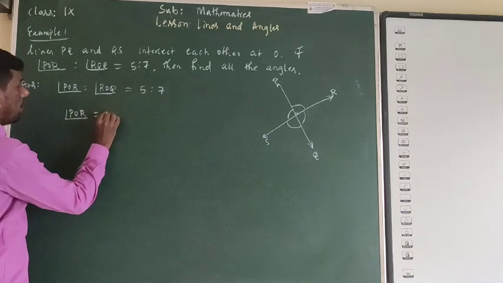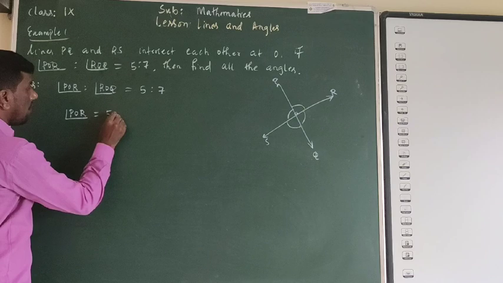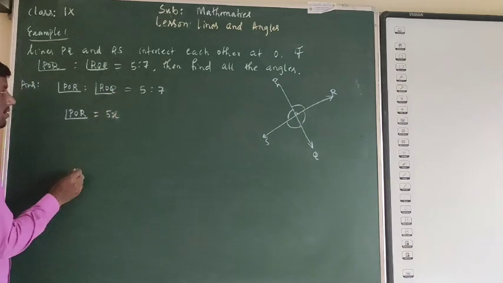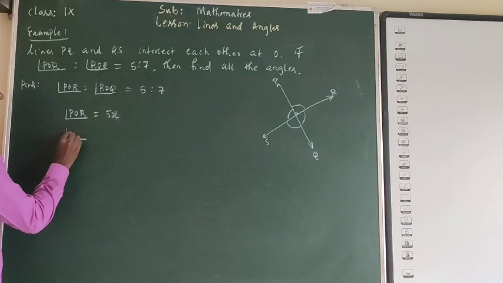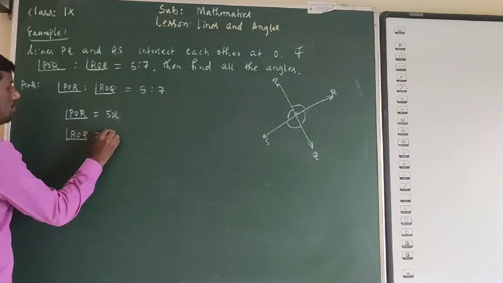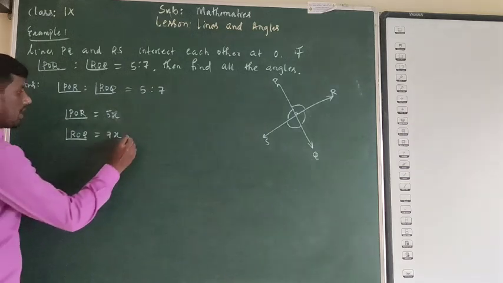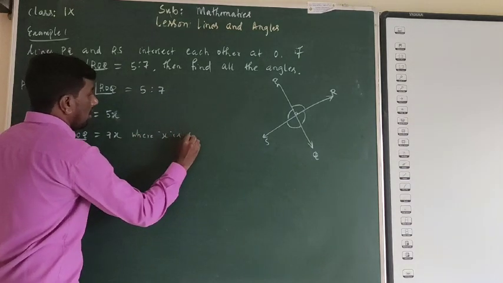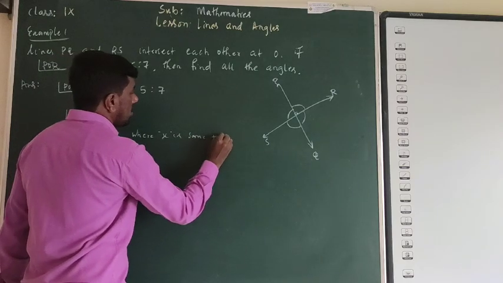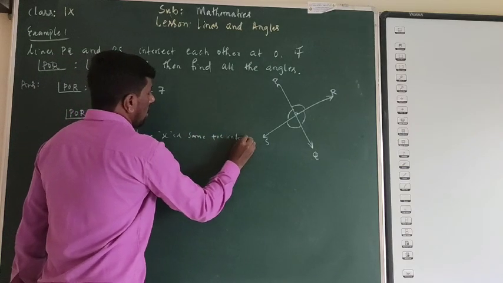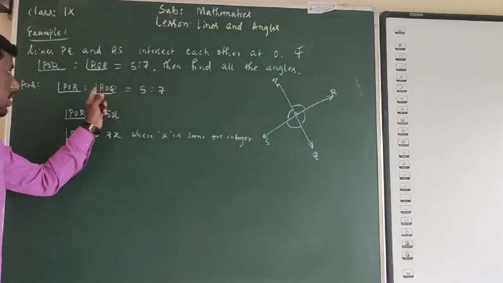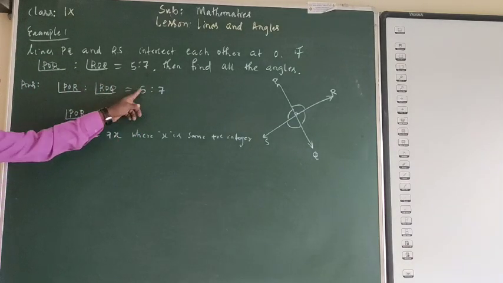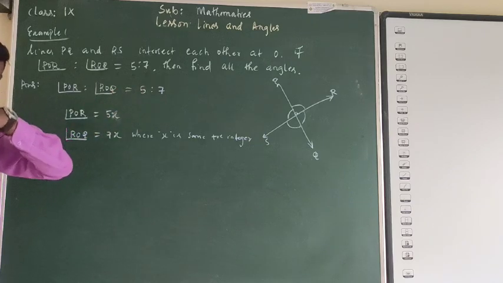POR is equal to 5 times some constant, some positive integer. I'll take it as X. Now angle ROQ is equal to 7 times X, where X is some positive integer. Whenever they are given the angles' ratio, we should take some constant with it when we are equating. Okay.